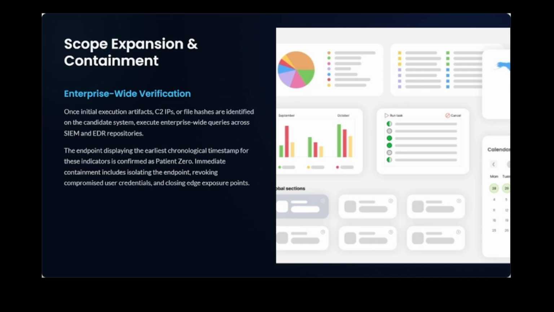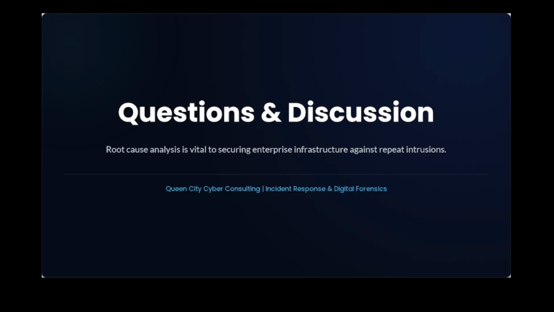And once they're in a system, they never just sit there and do very little. They're always stealing credentials. All kinds of things are happening in there, and you're going to find that during your forensic review and analysis. And that's where you want to end this process.